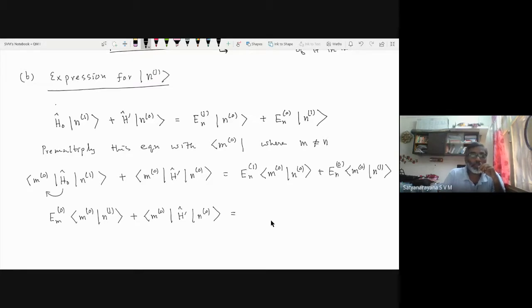And the first term on the right hand side, since m is not equal to n, should be 0 because those states are orthogonal. So I have en0 into m0 n1.